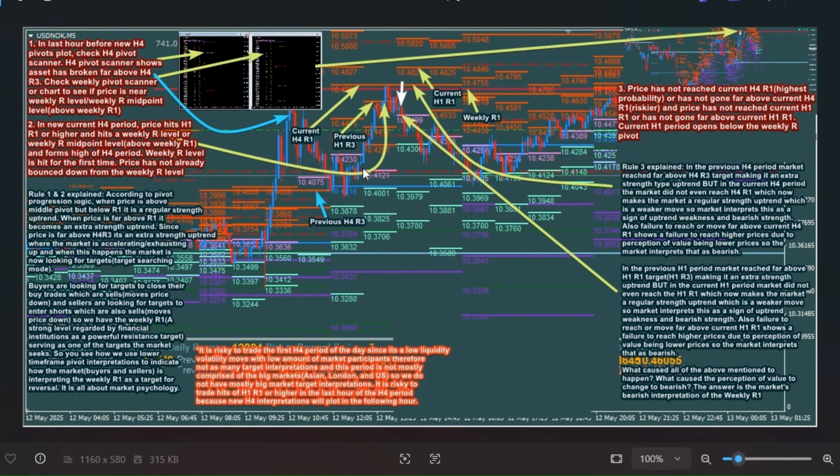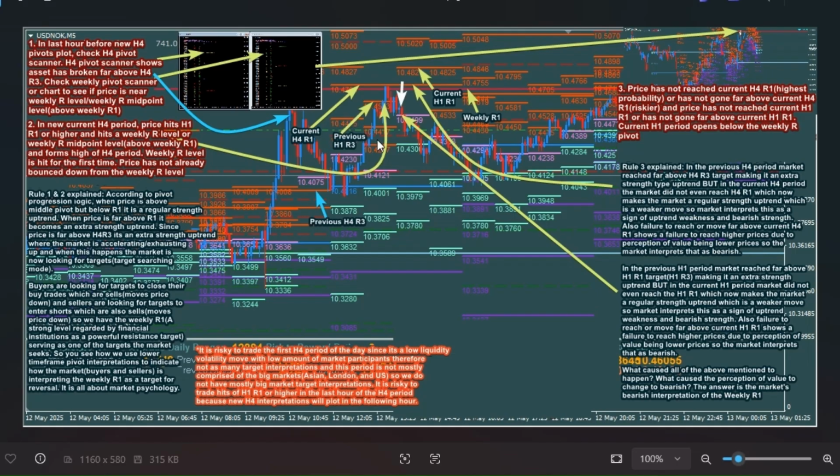Okay? So if you look at the previous H4 period, the market moves upward and breaks far above the previous H4R3. Okay? That is considered an extra strength uptrend.